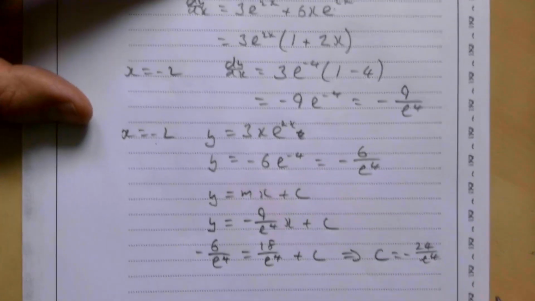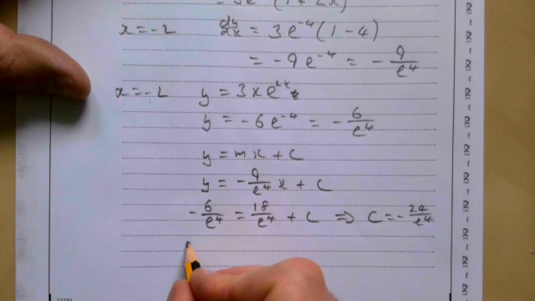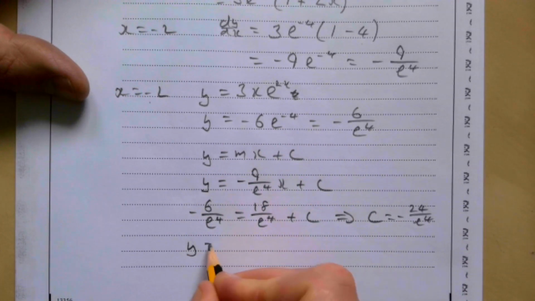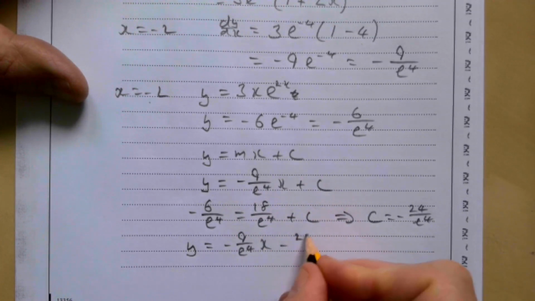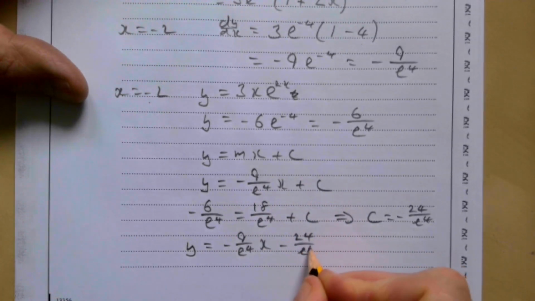So I can substitute this in. Y equals minus 9 over e to the 4 x minus 24 over e to the 4.